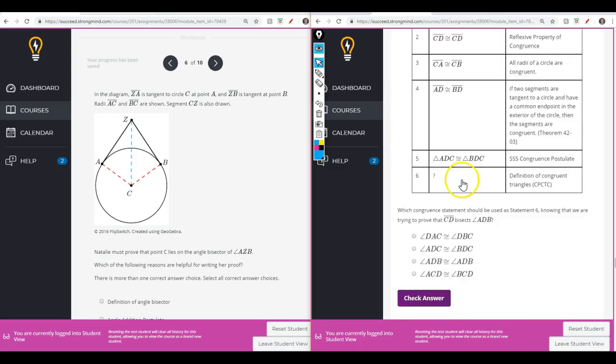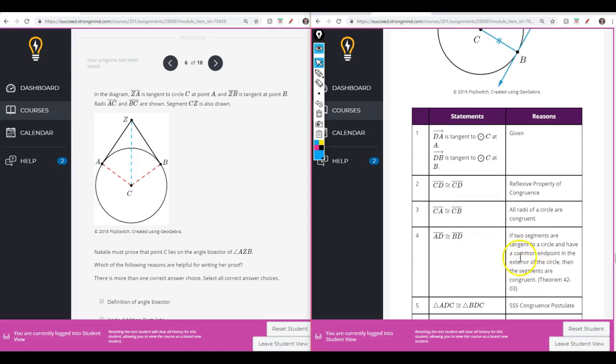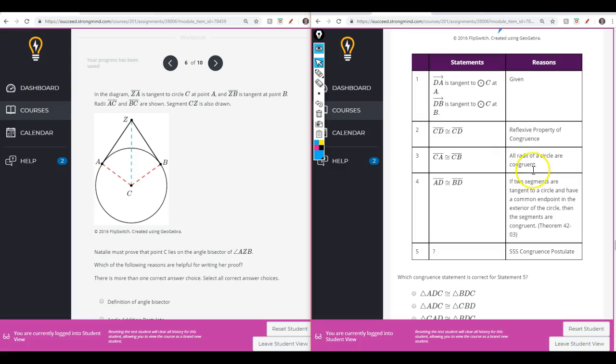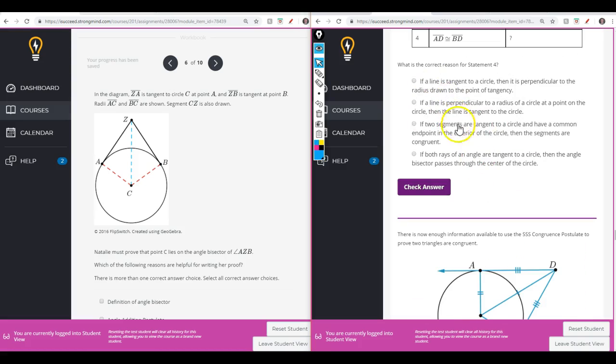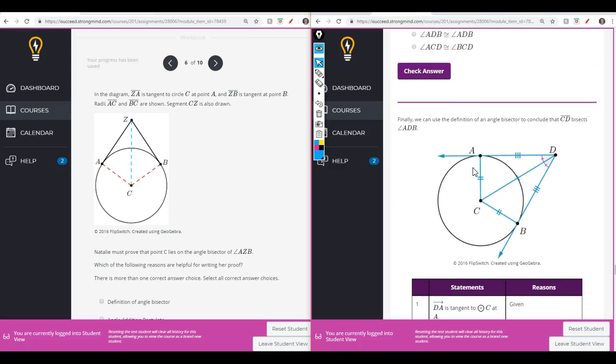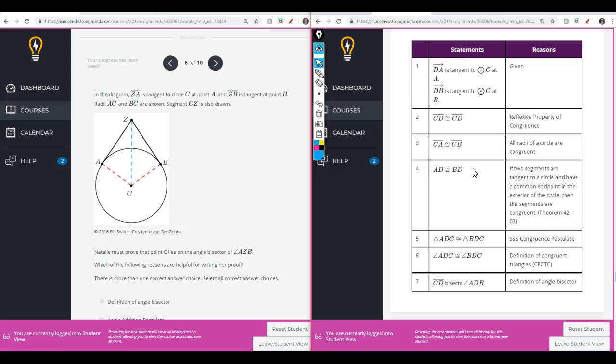So if you were stuck on statement 4 and you were in show all, you could scroll to the one above it, see this one, and then go back and select it. So that's an observation or a strategy you could use.